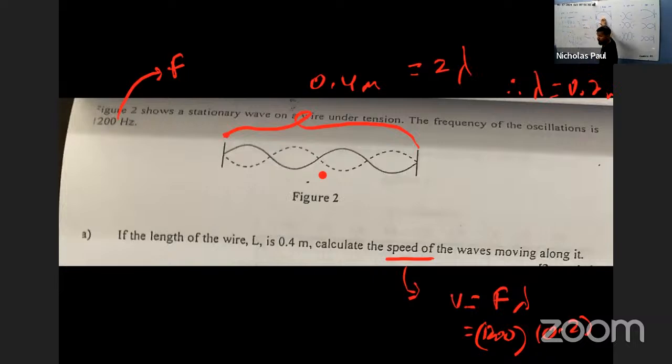That's not what you observe in there. What's the answer? 240. So it's 240 meters per second.